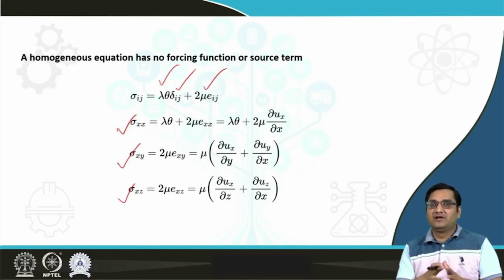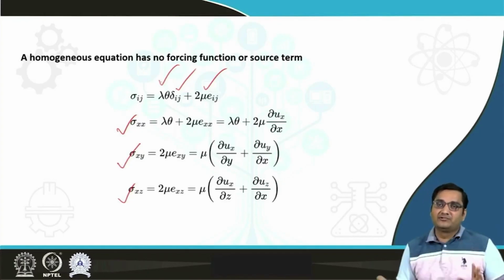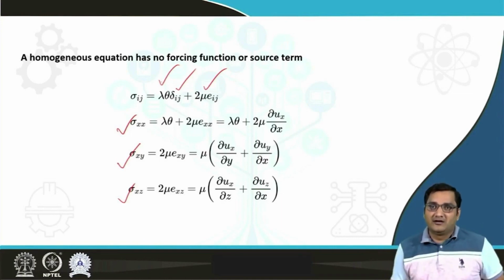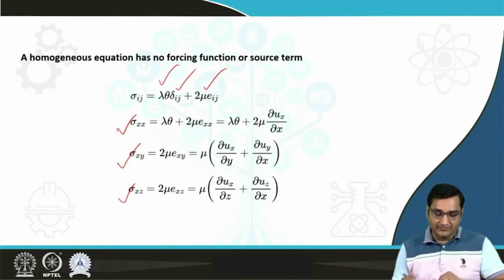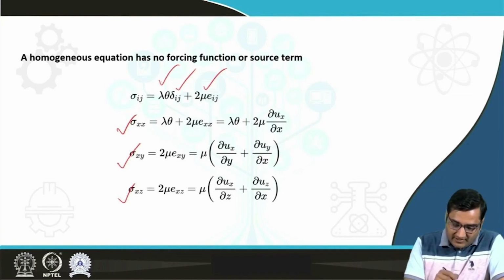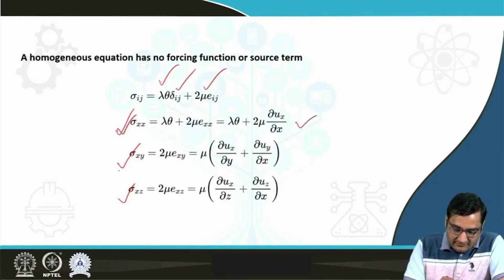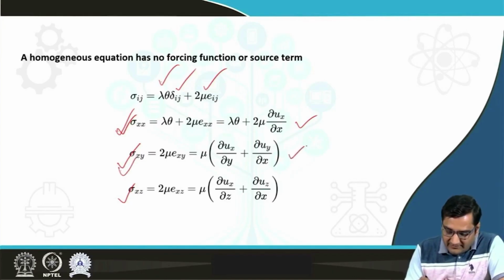Finally we will write a summation term to describe a single equation describing the stress in all directions. Now this is for the x direction, and in the x direction sigma xx will be something like this, and sigma xy will be like this, and sigma xz will be something like this.